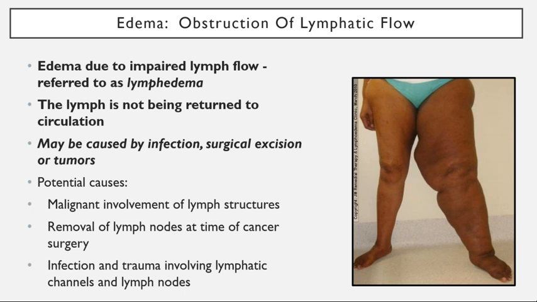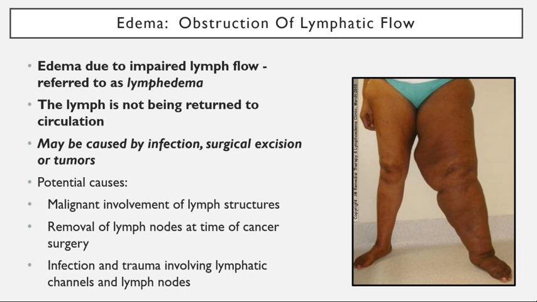It depends on what the cause is. This can be caused by problems like tumors that grow outward and block the lymphatic tube, and then you have a buildup of fluid. So obviously you've got to go in and remove that tumor.